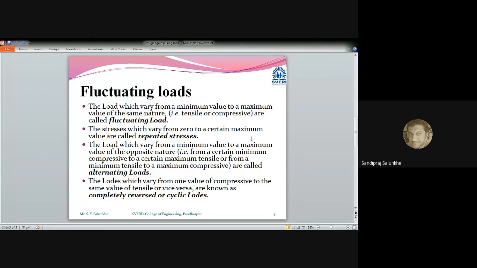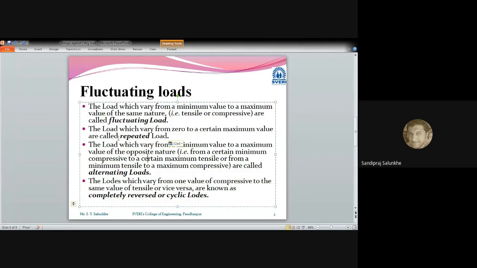Now, again, we can have some categories of this fluctuating type of load. Out of that, the first category is called reverted force or reverted type of load. Here I have written it as a stress. It is a load or force basically, and we have the same definitions for the stress also and for the load also.